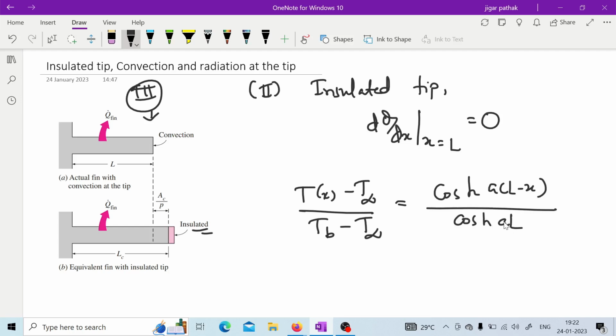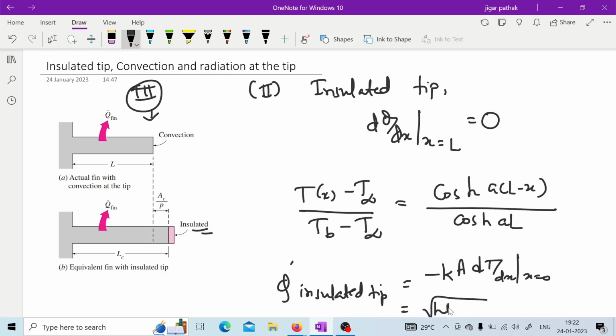And the heat transfer in this insulated tip will be given by minus kA dT by dx at x equal to 0. Again it will result in the same, under root (hP kAc) into (Tb minus T infinity) into tanh(mL). So this is how you have your heat transfer in an insulated tip.